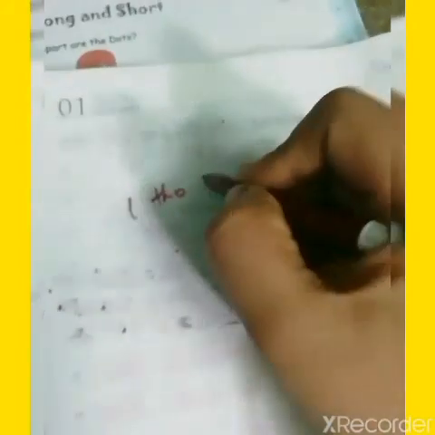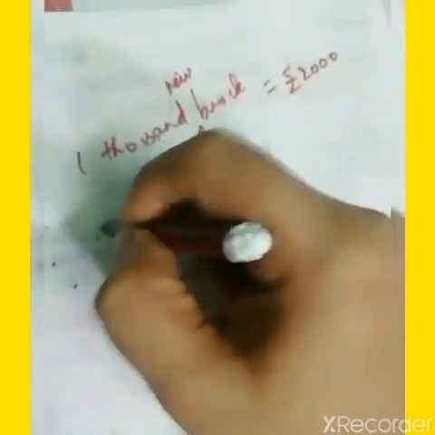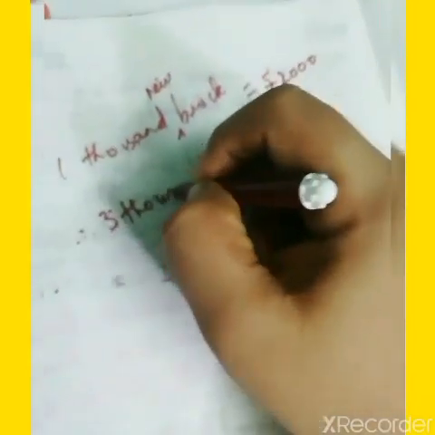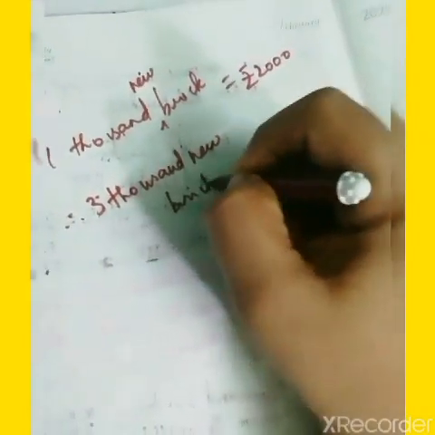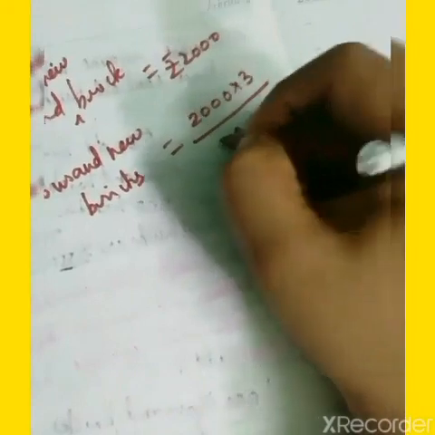So now listen, 1000 new bricks will be 2000 rupees. What about 3000 bricks? 3000 bricks value, what do you get? It's nothing but from the 2000 you have to multiply with 3.